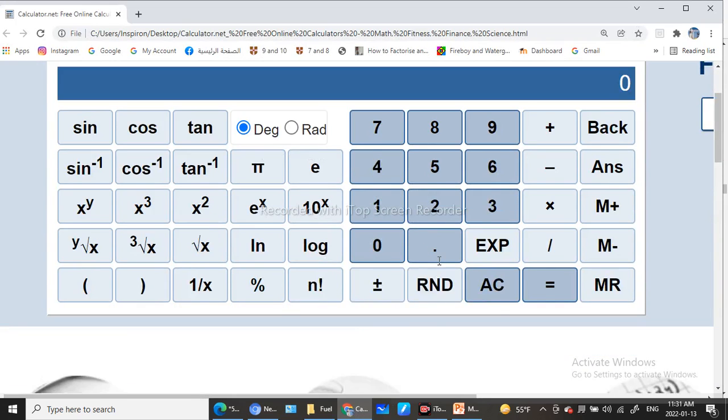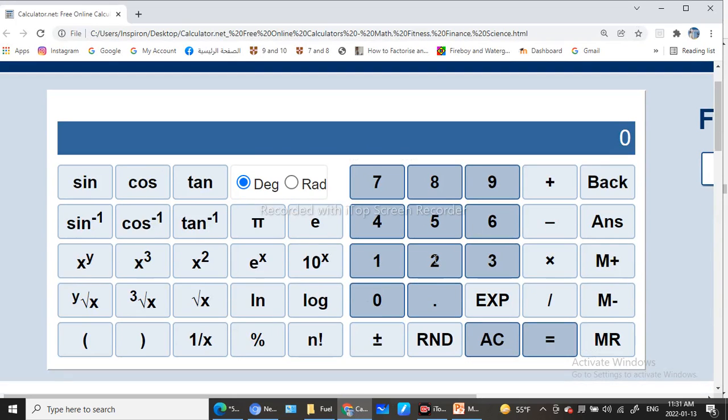Using the calculator, 12 times 17 divided by 5 times 9.81.